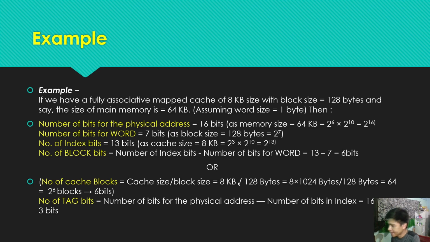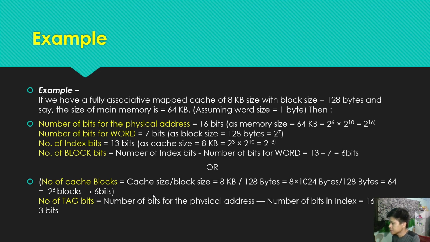So 8 kilobytes divided by 128 bytes is equal to 8 times 1024 divided by 128, which is equal to 64, or 2 raised to 6 blocks, which is also equal to 6 bits.